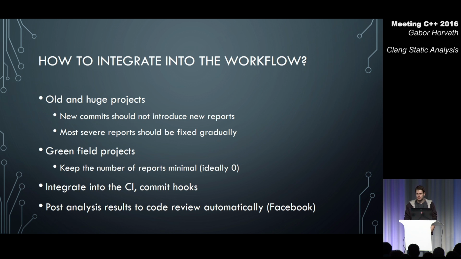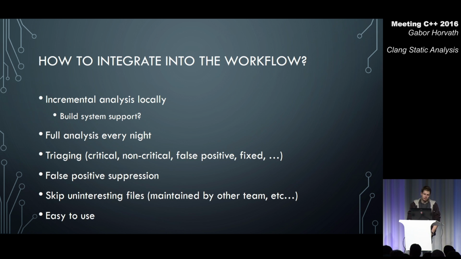And in this code review, when one of the analyzers finds some errors, then it is posted to that code review. So the committer can react to that. He can either say that it is a false positive or rewrite the code to pass the analysis. So it can make it much easier to deal with those tools.